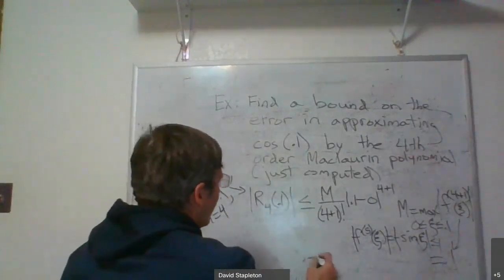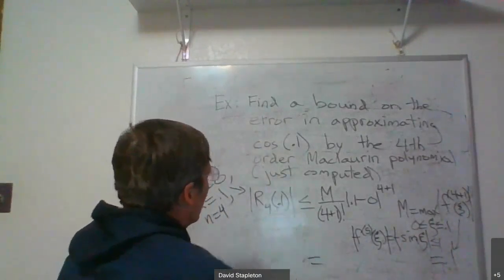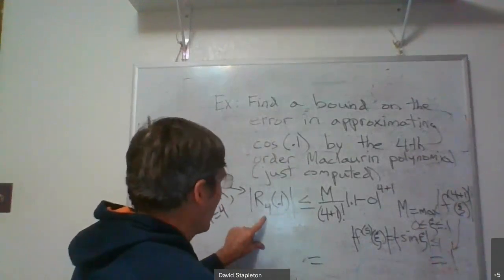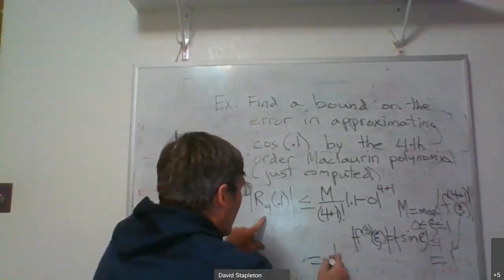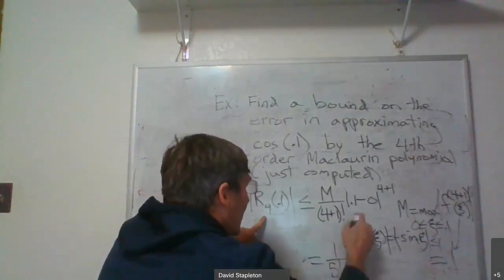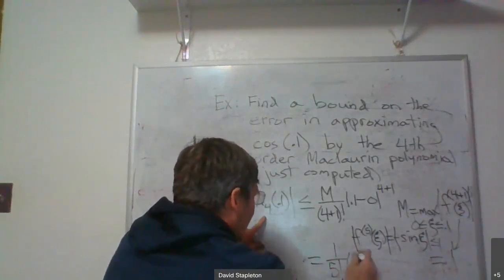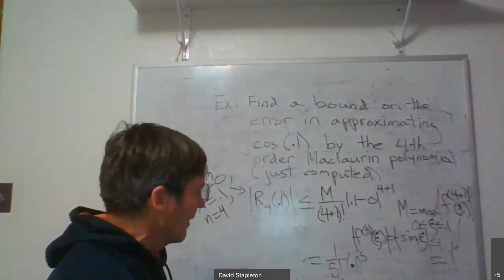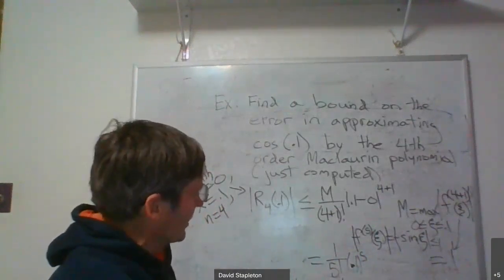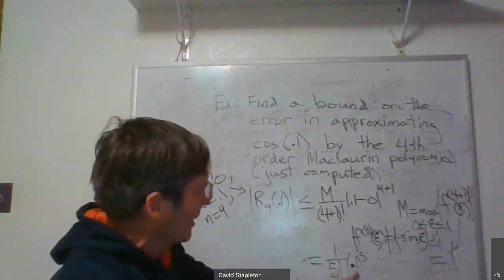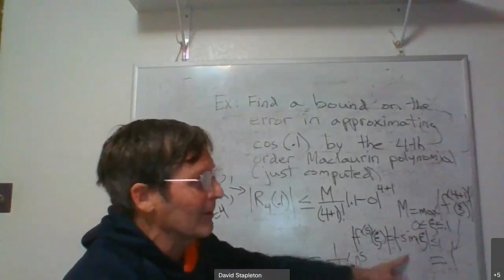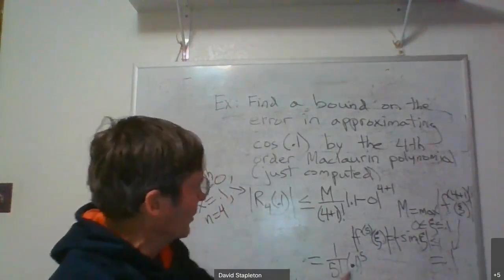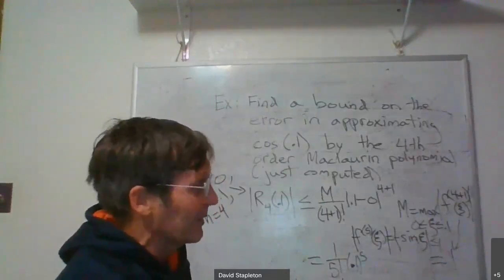So I'll put this in here, and the fourth Maclaurin polynomial at 0.1 approximates this to within 1 over 5 factorial times 0.1 to the fifth. You see why it's important to be close to the expansion point 0. If I were to expand this at x equals 100, I'd have 100 to the fifth power, a 1 followed by 10 zeros, 10 billion multiplying this, and my error bound would be very high.